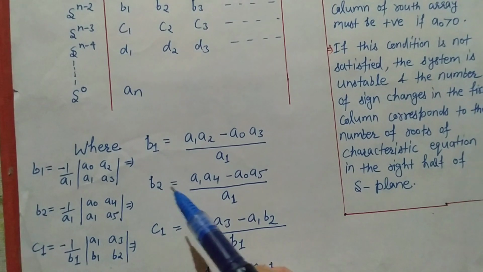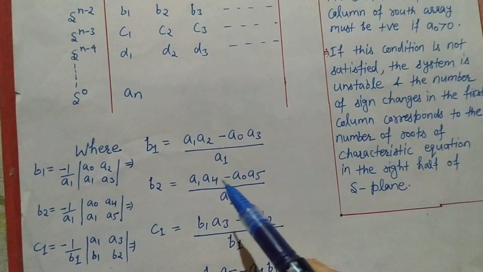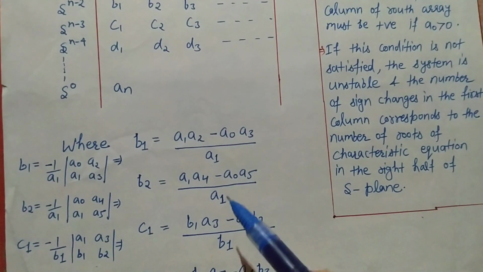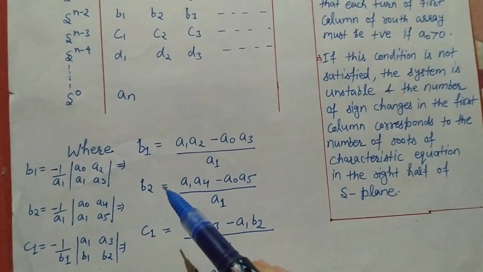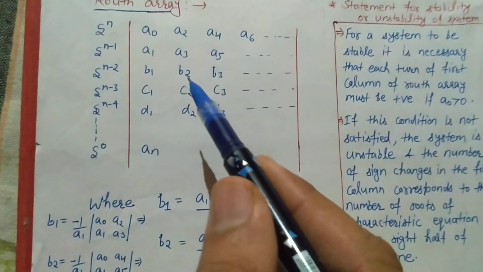It means b2 is equal to (a1 a4 minus a0 a5) upon a1. This is the formula to find out b2. And so on we can find out b3, b4.